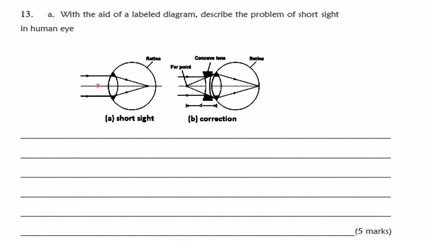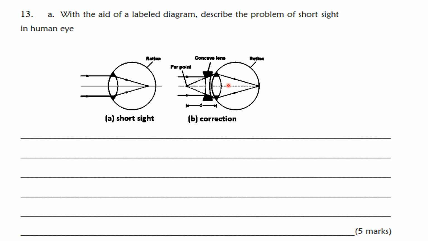In order to correct that, one has to wear glasses that have concave lenses, concave lenses like this. Rays from a far object are immediately refracted by the concave lens before they are refracted by the main lens, trying to delay the refraction by the main lens there.